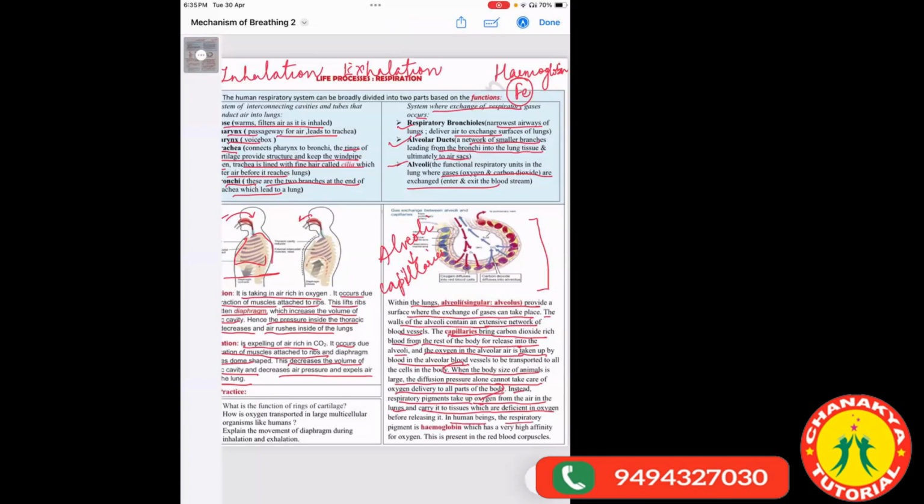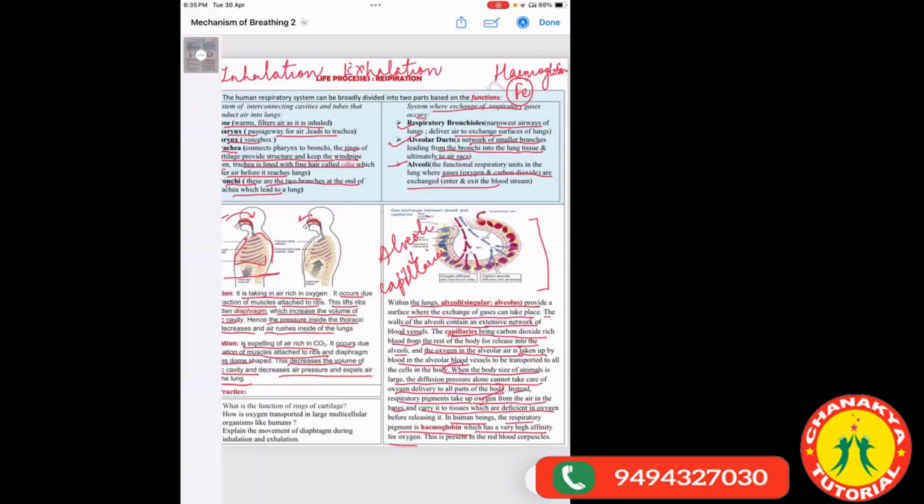In human beings, the respiratory pigment is hemoglobin, which has a very high affinity for oxygen. High affinity for oxygen means it can bind easily with oxygen. This is a very important characteristic of hemoglobin, that it can combine easily with oxygen and then transport it to the various parts wherever it is needed.